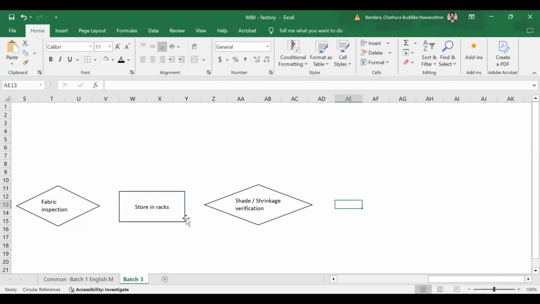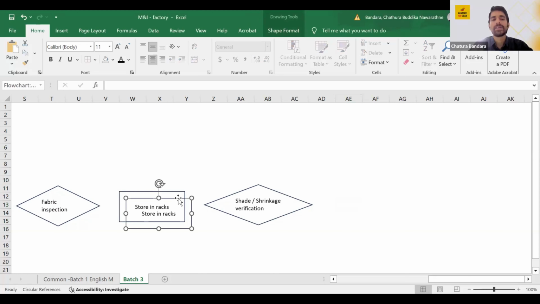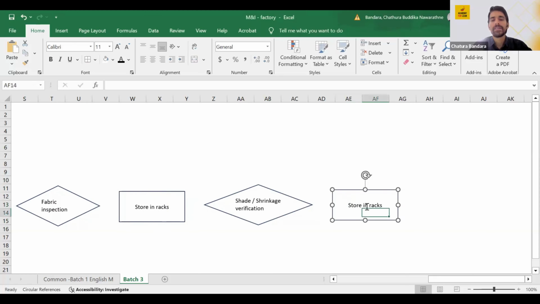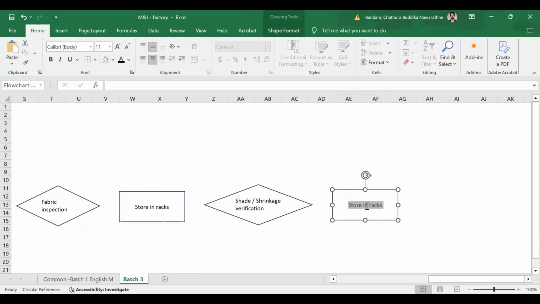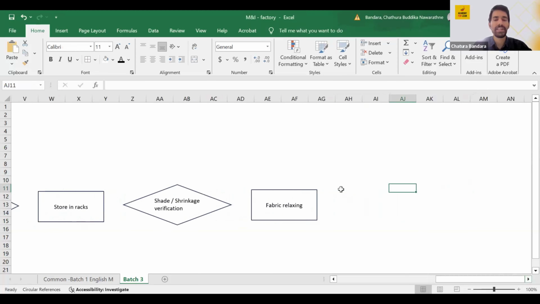Then after this process, we'll start fabric relaxing as per the requirement. Okay, fabric relaxing is okay.